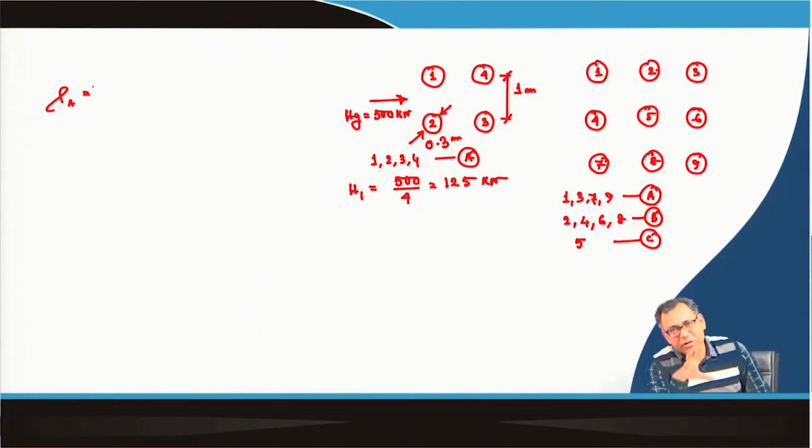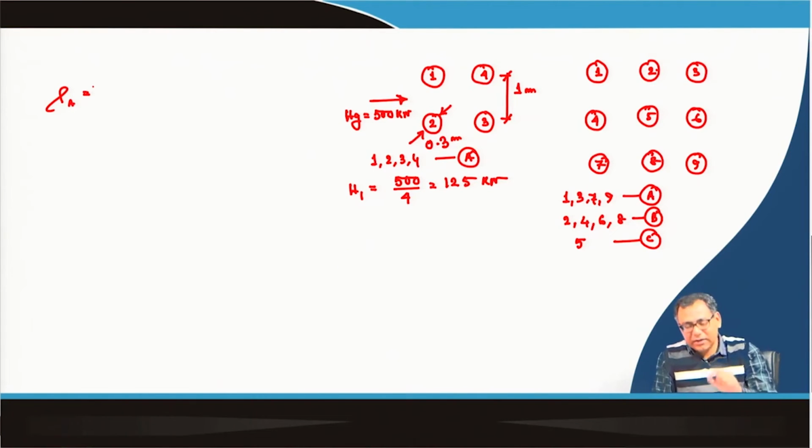But there will be the effect of other piles on a particular pile in the deformation. That means there will be an interaction between the piles, and because of that interaction the deformation of a particular pile will change or will increase.